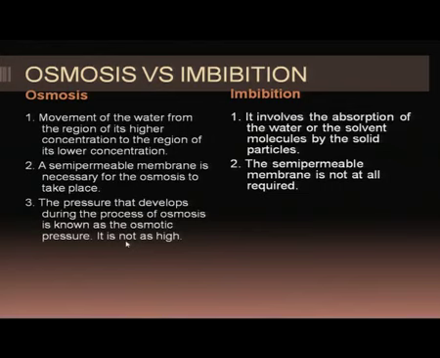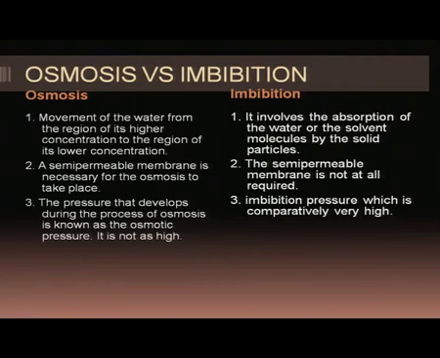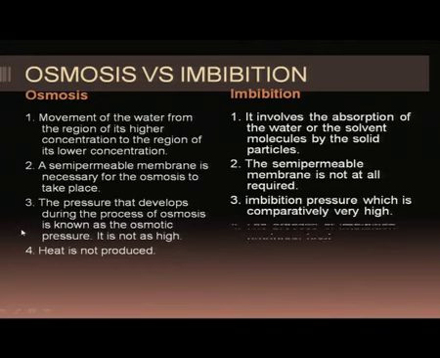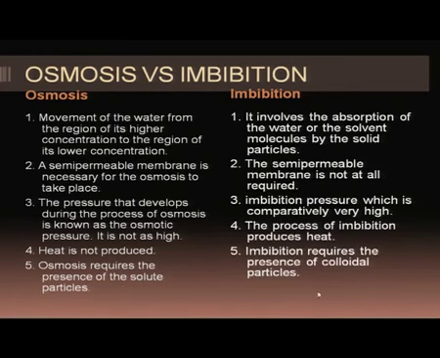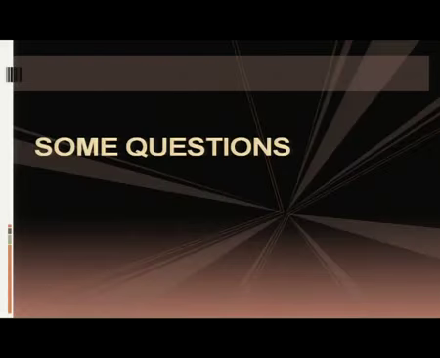The pressure that builds up during osmosis is not a very high pressure. On the other hand, the imbibition pressure is comparatively very high. Also, during osmosis no heat is produced, but imbibition produces heat. And lastly, osmosis is dependent on the presence of solute particles, but imbibition is dependent on the presence of colloidal particles. This was about osmosis and imbibition.